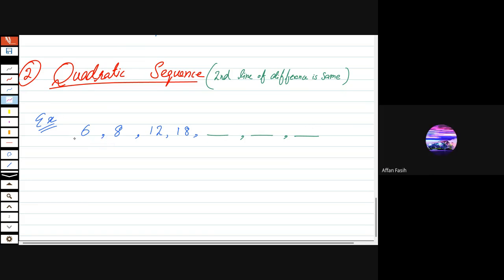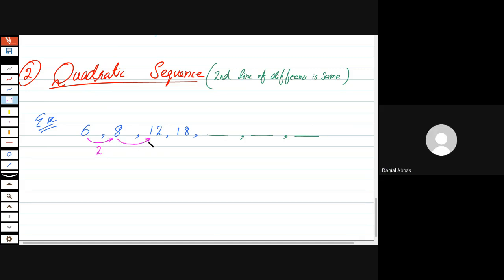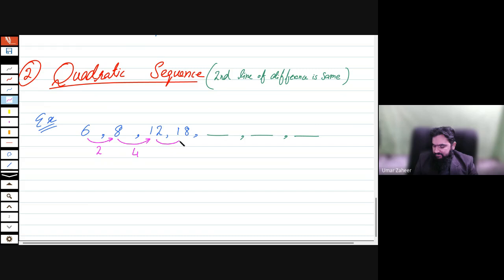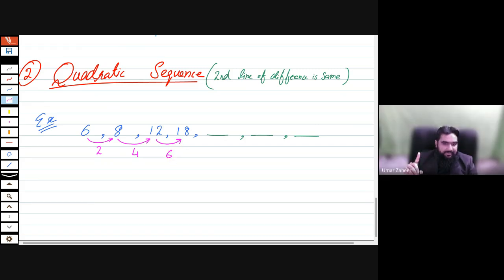The difference between the next two numbers is 4. The next two numbers, 6. This means that the first line of difference is not the same. This means that it's not an arithmetic sequence. Now let's see how to take the difference in the next two numbers. 4 minus 2 is 2. 6 minus 4 is 2. So look at here, it is the second line of difference, and we are getting the same.